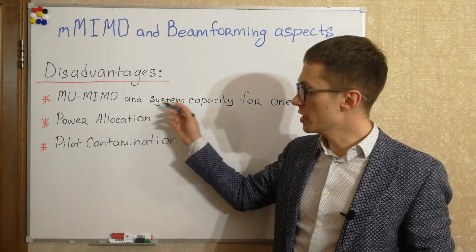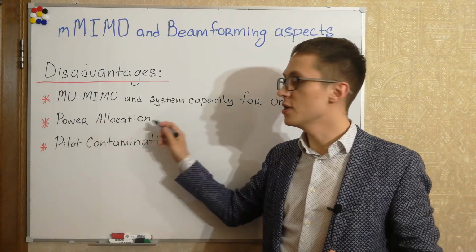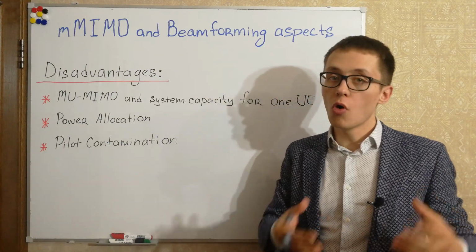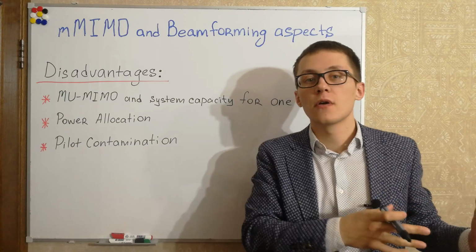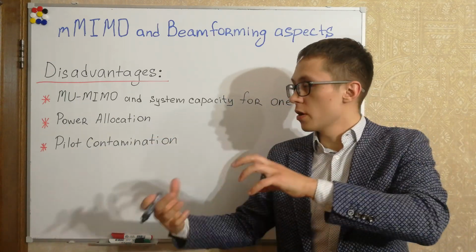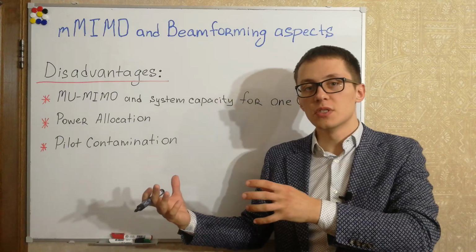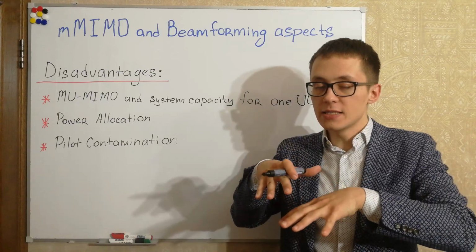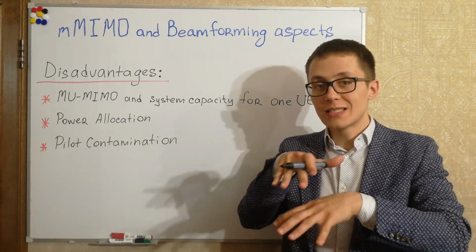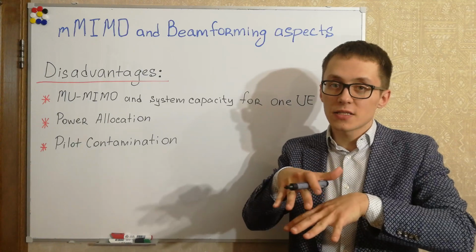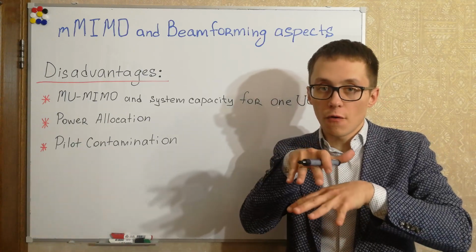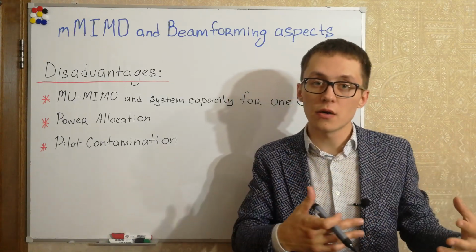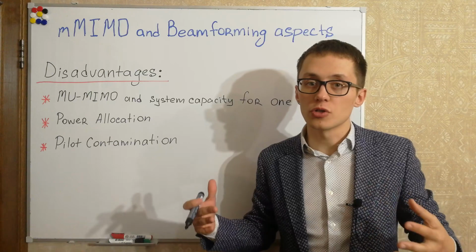Another problem related to that is the power allocation task. This is an optimization task. The more antennas such a system has, the more complicated this optimization task becomes, because such systems should allocate power simultaneously to all necessary spatial channels for all necessary user equipments to support the required CNR for every spatial channel.